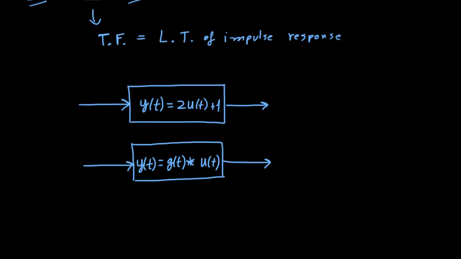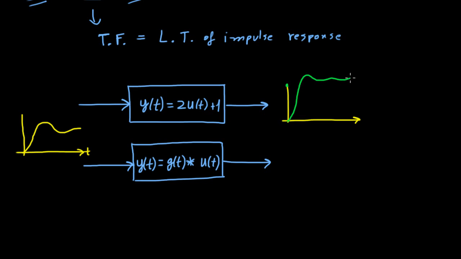If we have some input to the system, well, the output of the static system would be just, at each point of time, the same function multiplied by 2 and then added 1.